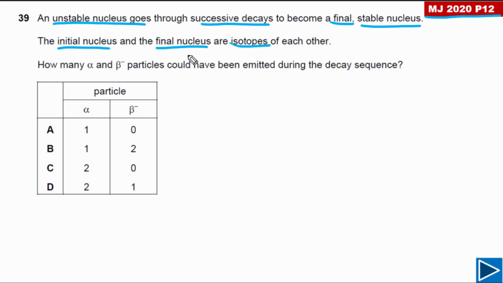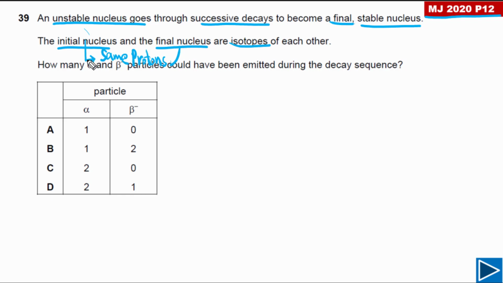Isotopes means that the initial nucleus and final nucleus have the same proton number, the same number of protons.